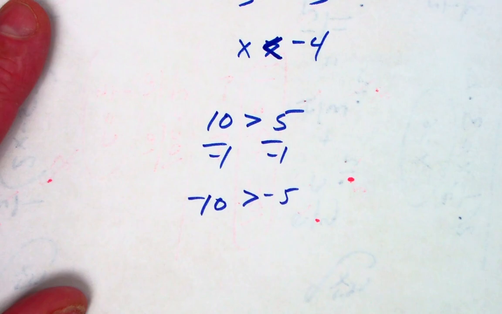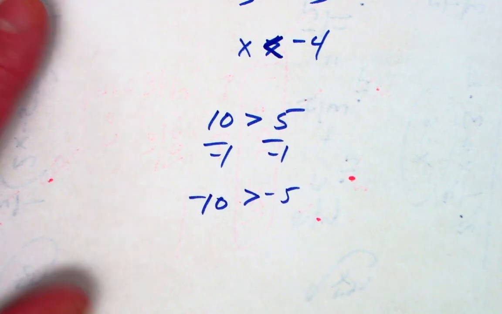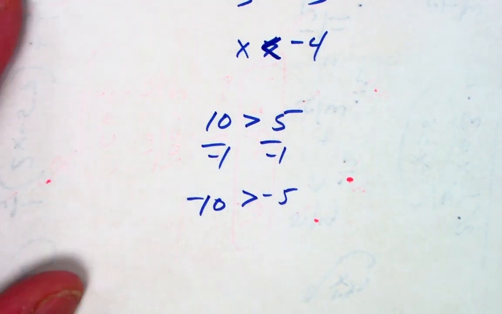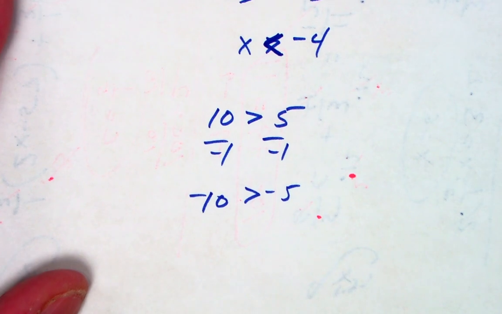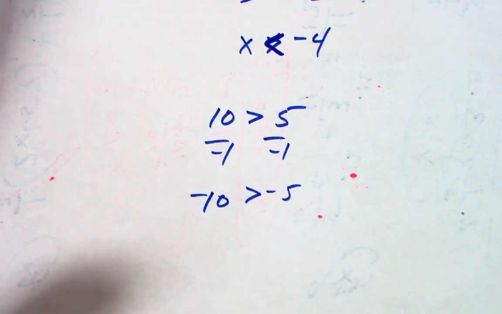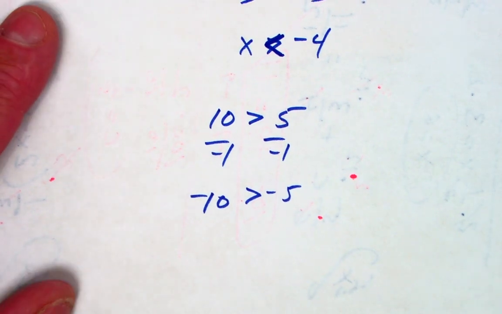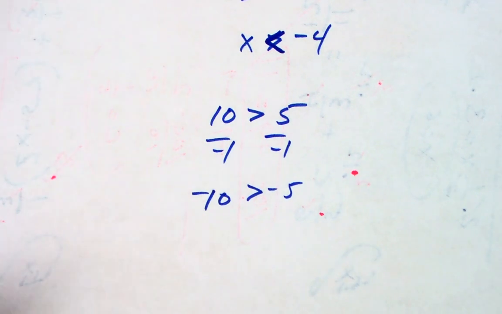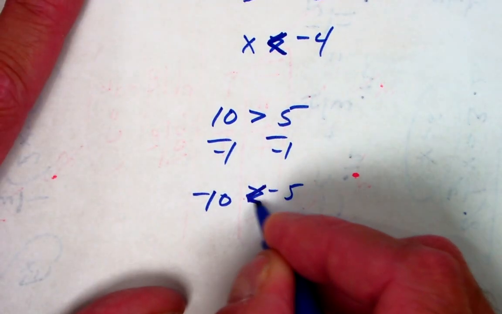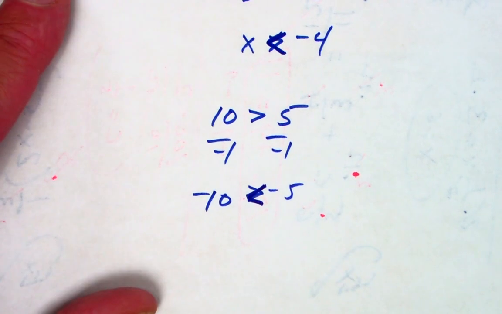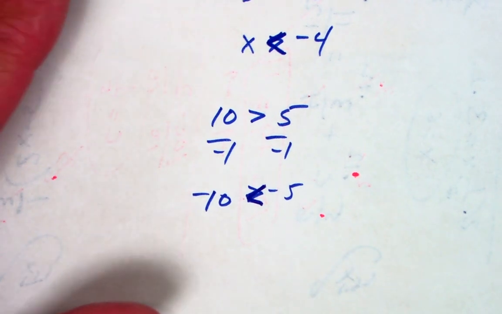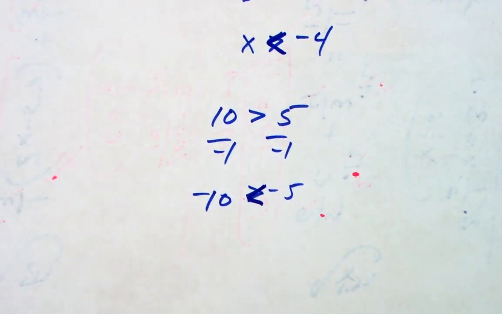Is that still true? No. Things on the other side of the number line are in different order. 10 is to the right on the right side, but 10 is to the left on the left side. So whenever you multiply or divide by a negative, you have to flip your inequality every single time. You can add or subtract a negative on both sides, that's fine, but whenever you multiply or divide by a negative, you have to remember to flip your inequality.